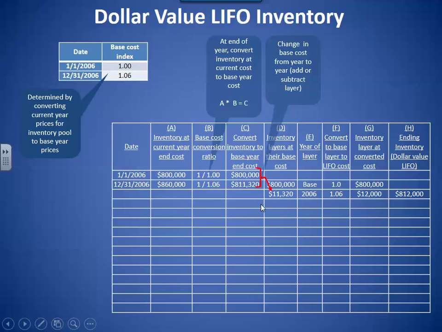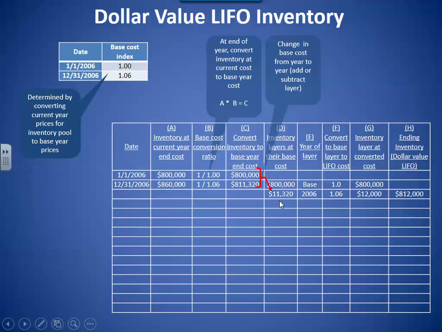Now what we find here is that since we've converted our 12/31 inventory and compared it against our 1/1 inventory using the same base cost, we find our inventory cost at base year increased by, in this case, $11,320.